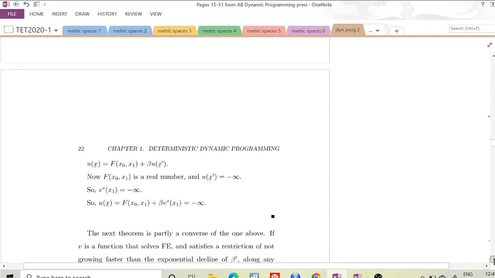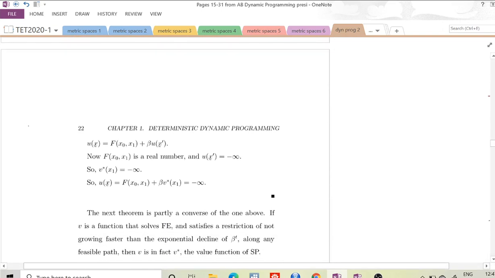So now for any of those plans, the discounted present value can be written as current reward plus beta times discounted present value from tomorrow. This is always a real number. Okay, so this negative infinity means that this is also negative infinity.